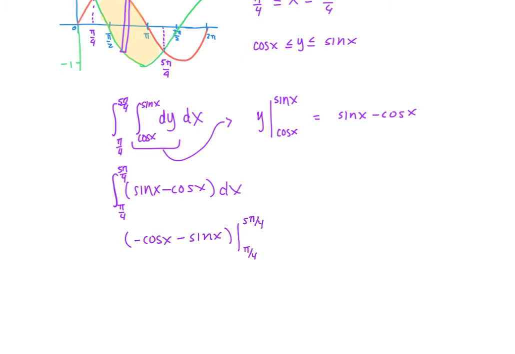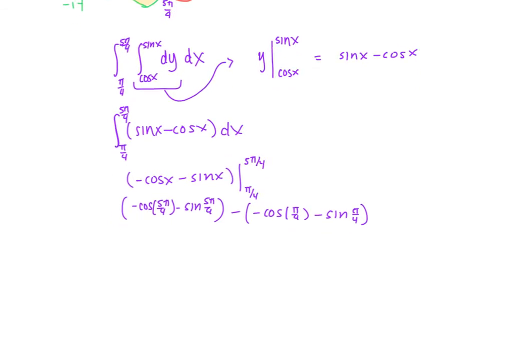And so now we can evaluate it. I've got negative cosine 5 pi over 4 minus sine of 5 pi over 4, minus negative cosine pi over 4 minus sine of pi over 4. Negative cosine of 5 pi over 4 is the negative of negative root 2 over 2, so that's root 2 over 2, minus sine of 5 pi over 4, which is root 2 over 2, so that becomes plus root 2 over 2.